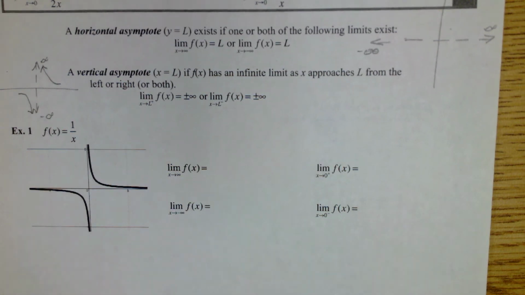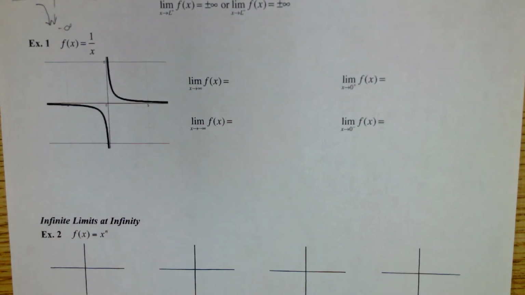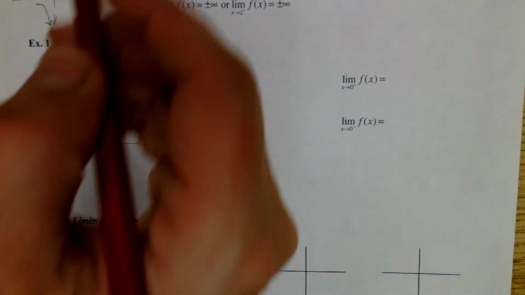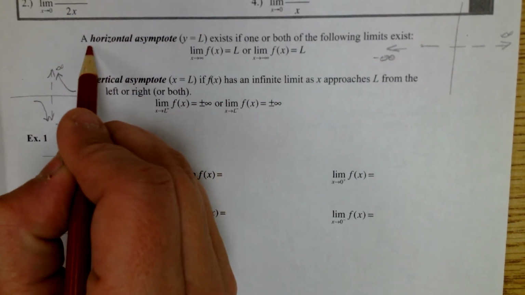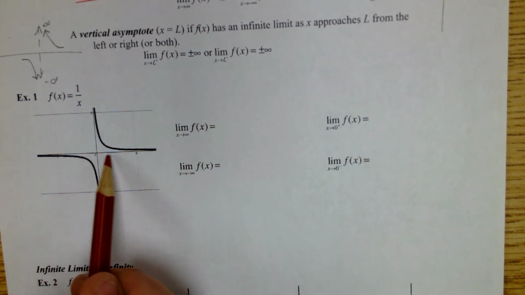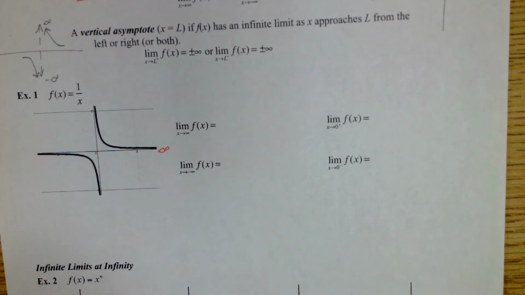All right? So if we move down here to example 1, we have our basic graph of 1 over x. We want to talk about the limit at infinity. I'm going to make this red. If I'm talking about inputting infinity for my x value, I'm talking about infinity over here on the right.